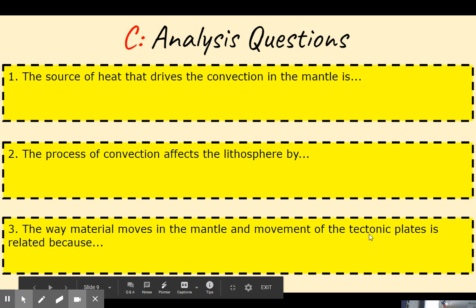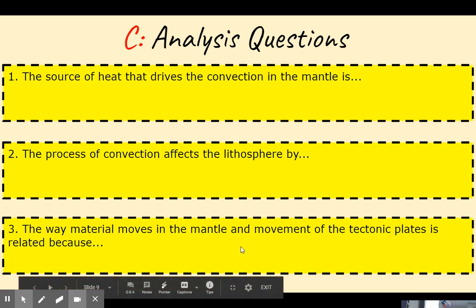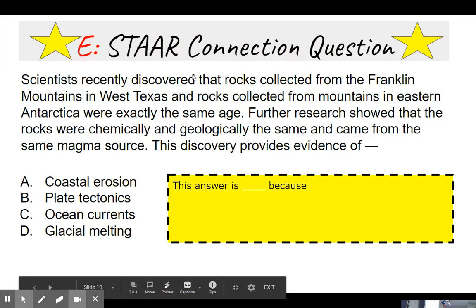The way material moves in the mantle and the movement of tectonic plates is related because, remember, in the mantle you have that rising and then sinking, the convection. That convection motion is going to be the mechanism, the driving force that moves plate tectonics.